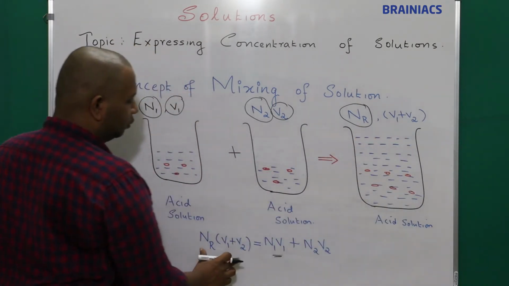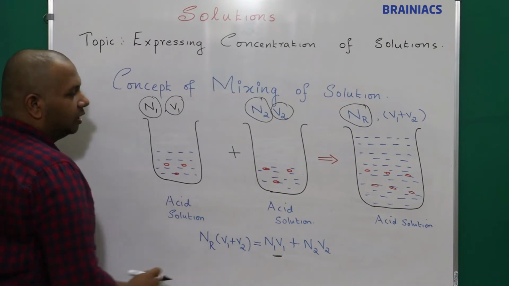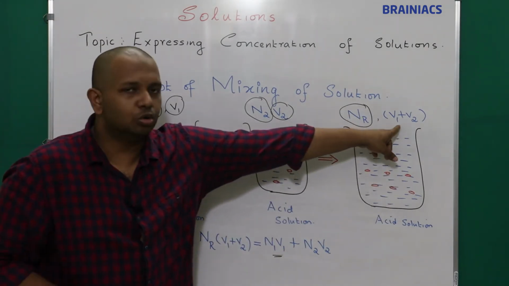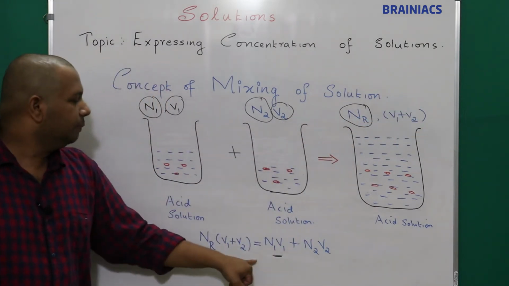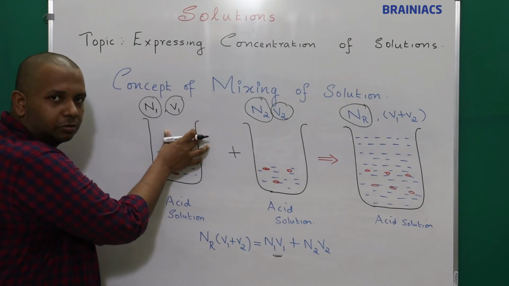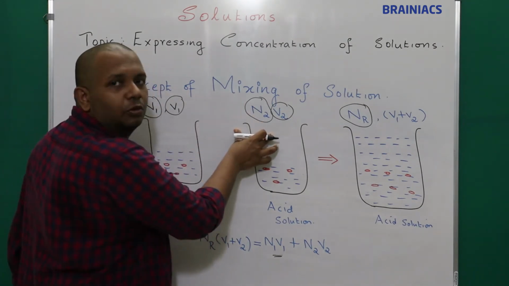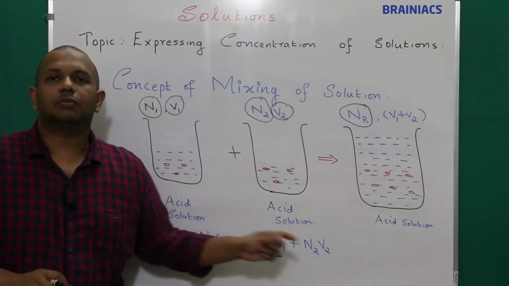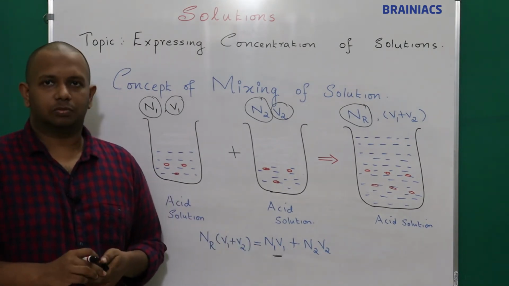So when you add these two, it gets added up for the final solution. So for the final solution, the number of gram equivalents of the solute, NR into V1 plus V2, will be equal to the sum of the number of gram equivalents of the solute of the first solution plus that of the second solution. So I have written this in terms of normality and volume of the solution.